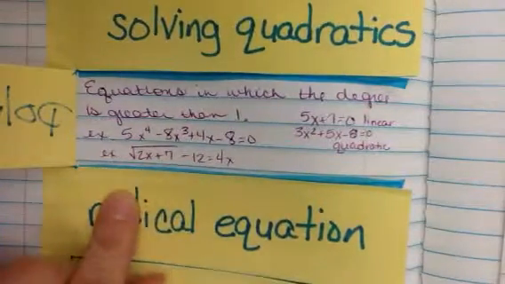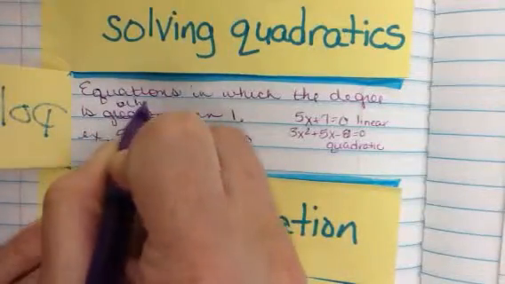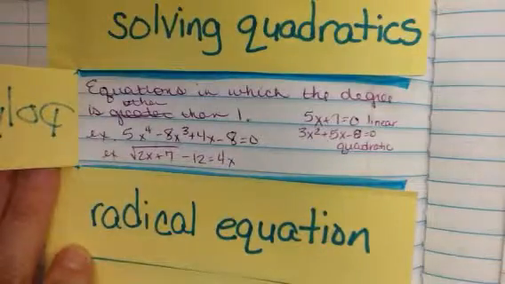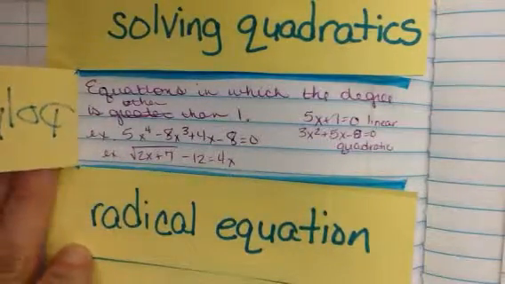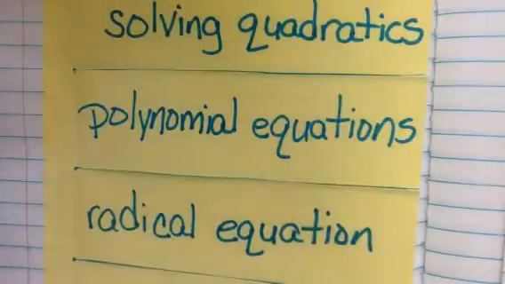Okay, so maybe instead of greater, we should say other than 1, because this is not necessarily greater, other than 1. So those are getting us started in the polynomials.